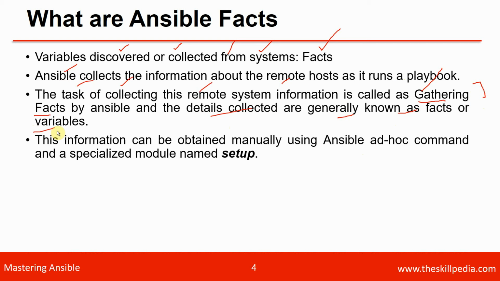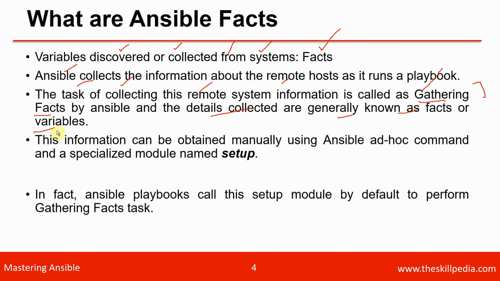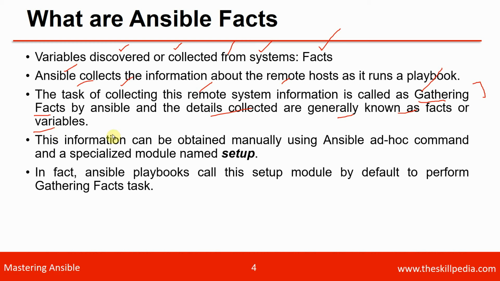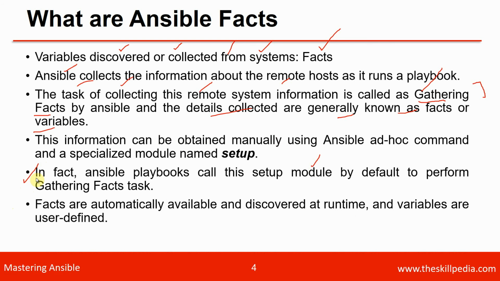This information can be obtained manually using an ad hoc command as we learned, and a specialized module named setup. In fact, Ansible Playbook calls this setup module by default to perform the gathering facts task always. Facts are automatically available and discovered at runtime. That's the difference.